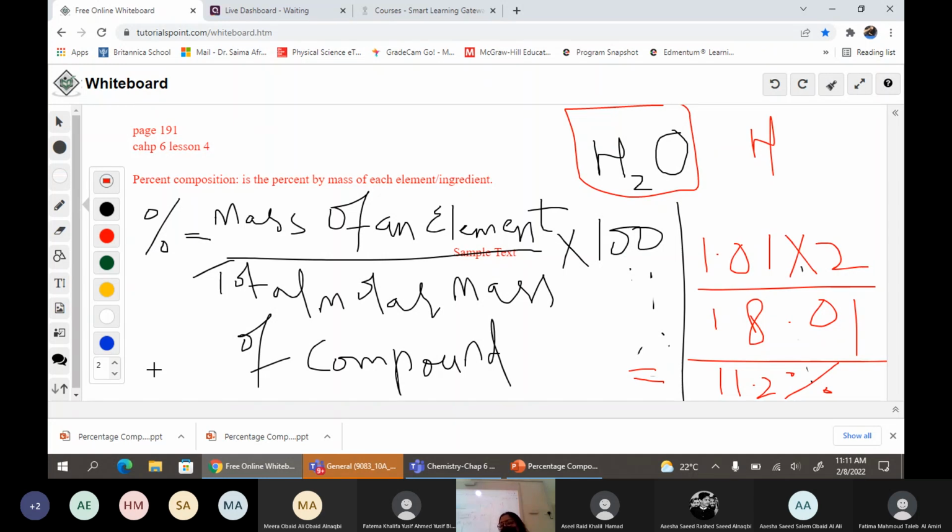If you add 88.8 and 11.2, you will get 100. It means your answer is correct. So if you want to judge your answer at the end, whether you did it correctly or not, when you add all the percentages, the sum should be 100. Fatma Mahmoud, let me know once you solve so you can share your screen.